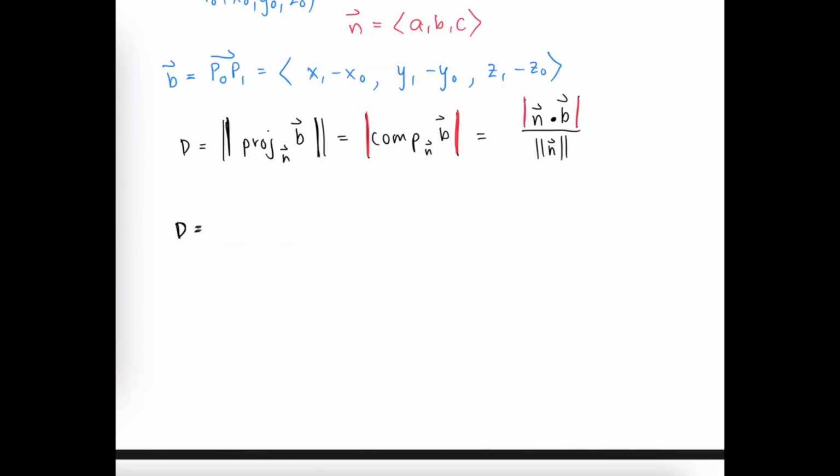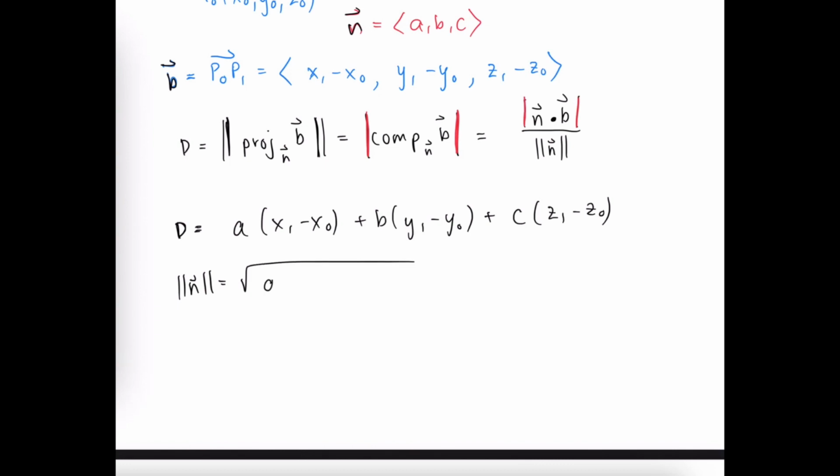The dot product of our b vector with our n vector is going to be a times x1 minus x naught plus b times y1 minus y naught plus c times z1 minus z naught. And the magnitude of our vector n is going to be the square root of a squared plus b squared plus c squared.